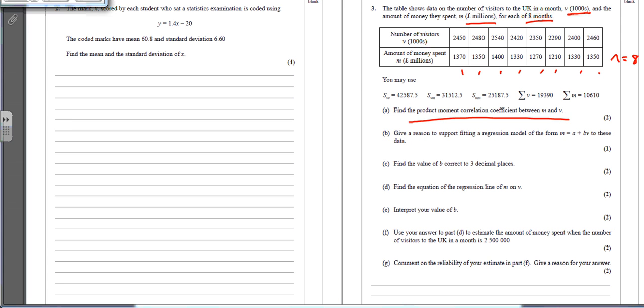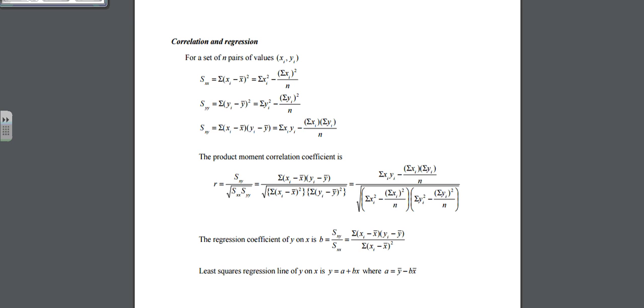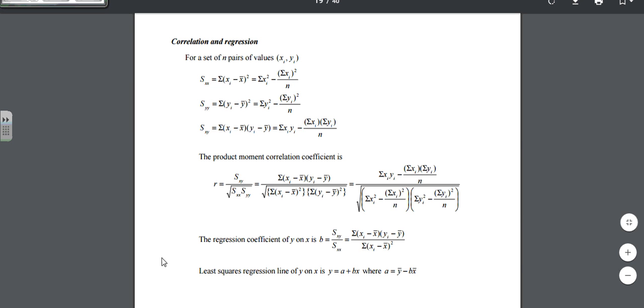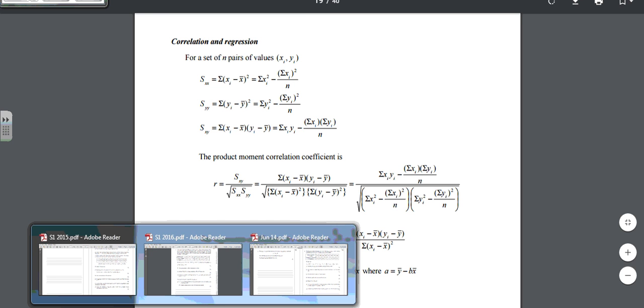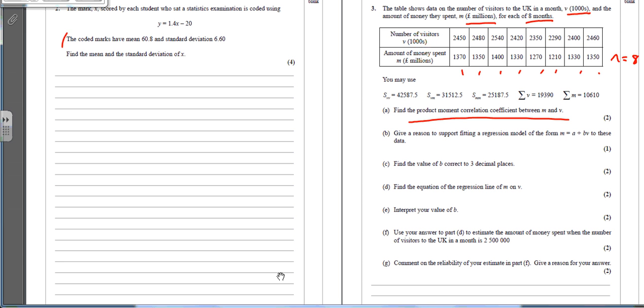So we've got to work out what the PMCC is. Now that's going to come up in another video, but if we have a look at the PMCC, it's Sxy over the square root of Sxx Syy. By the way, we're not looking at this question just yet. We'll have a look at that one a little bit later.